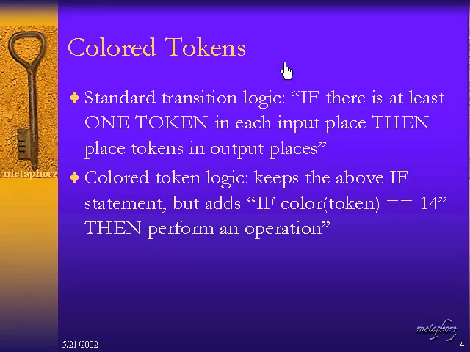Whereas the colored token logic would be keep the above, meaning keep the standard transition logic, but add if the color of the token equals whatever the integer or complex value or piece of information is, then perform some specific operation. And in this way the transitions themselves become more than mere simple token processing filters, but they also become general purpose repositories for pieces of code and functions.